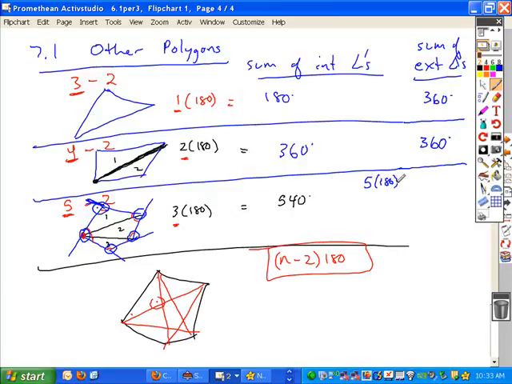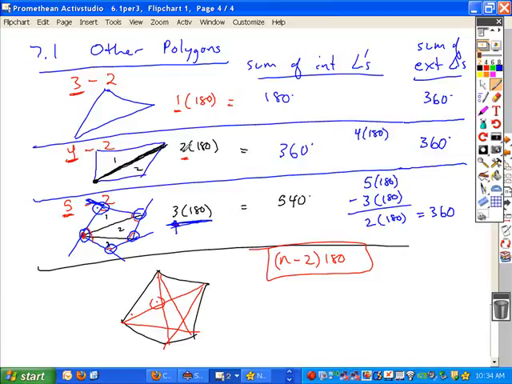And how many of these sets of 180 account for the interior angles? The interior angles are formed by 3 of those sets of 180. So what's left for the total sum of the exterior angles? 2 sets of 180. If we look at the quadrilateral, here we have 4 sets of 180 when you're dealing with the interior and exterior angle pairs, the linear pairs.